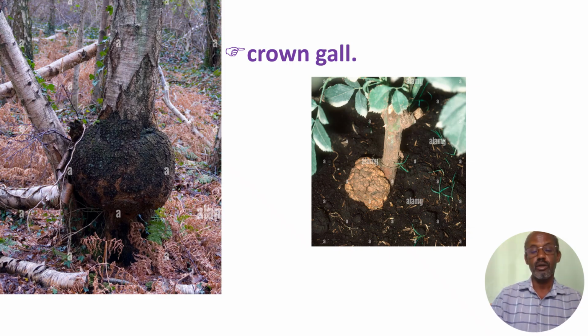Then it introduces its plasmid into plant cells. The plasmid goes to the nucleus. From the nucleus, the genes are inserted into the plant DNA, and the plant cells grow without control in that area, forming a tumor-like swelling, which is known as crown gall.